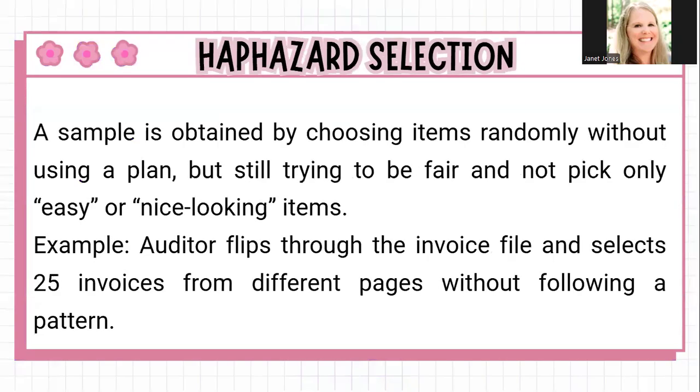And then the last one is haphazard selection, where we're using some other method that is not completely random. So just like flipping through and randomly grabbing some items or choosing things based on a particular characteristic. Those would be haphazard selection, and that would not control for our sampling risk.